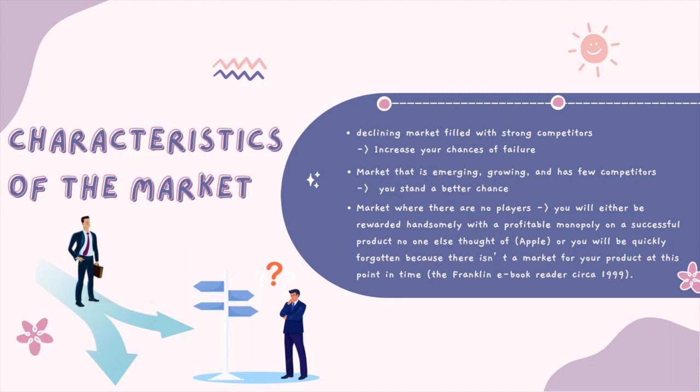The last one is a market where there are no players. You will either be rewarded handsomely with a profitable monopoly on a successful product no one else thought of, like Apple, or you will be quickly forgotten because there isn't a market for your product at this point in time.